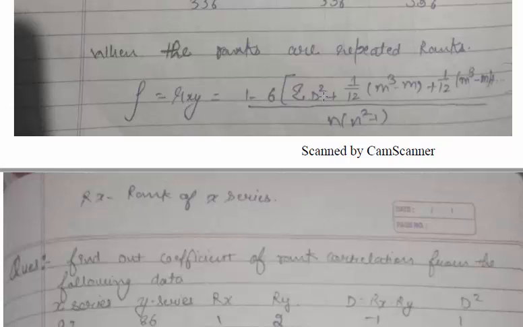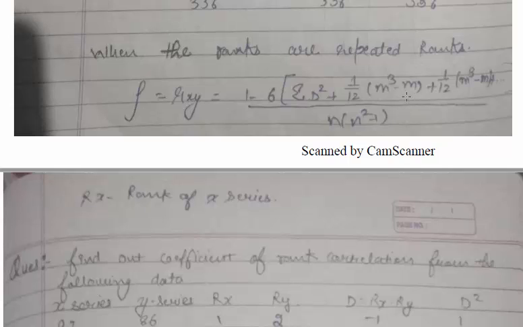Again, two series are given, either ranks for x and y are given. Then we find d. d is again the same difference between the ranks. And then we find the value. Now m here represents the number of times a particular rank is repeated.